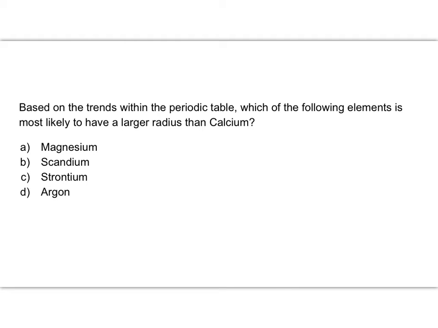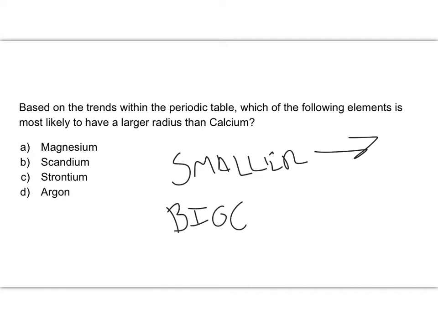Which of the following elements is most likely to have a larger radius than calcium? So you have to remember that the radius gets smaller from left to right. So as you go across each row, the radius gets smaller, and it gets bigger as you go down.